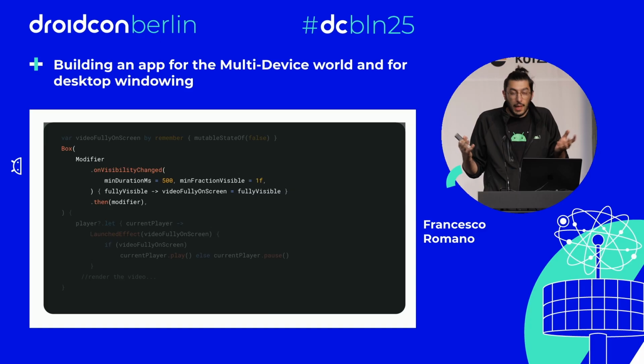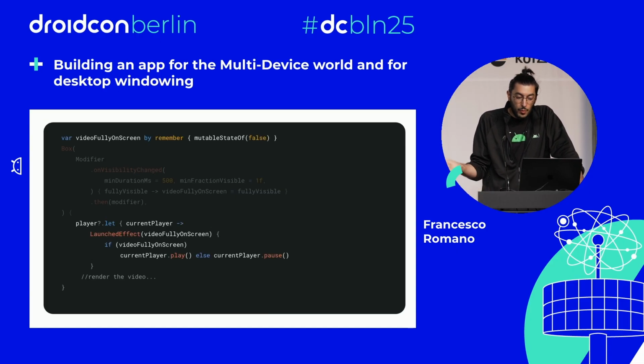This is just a time buffer to avoid the callback being called if, for example, you are scrolling back and forth too fast. So we can store the result of the callback in a mutable state and then use that to power a launched effect that will play or pause the video according to the visibility.